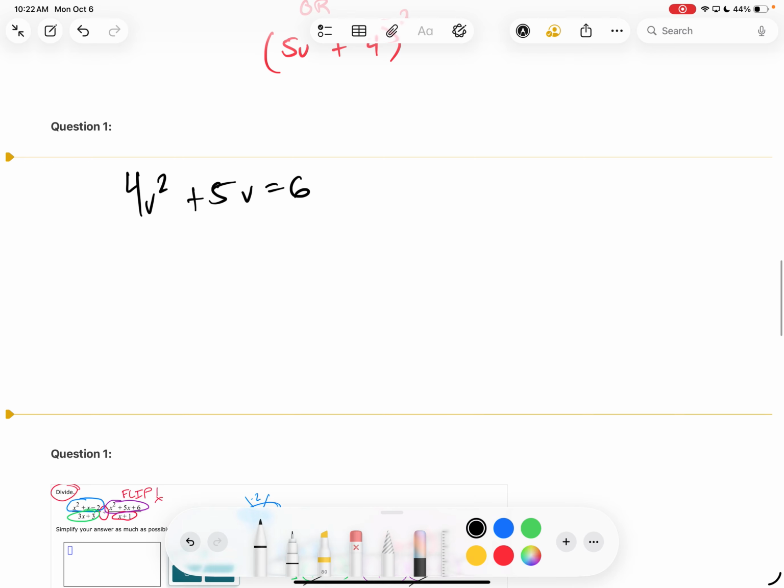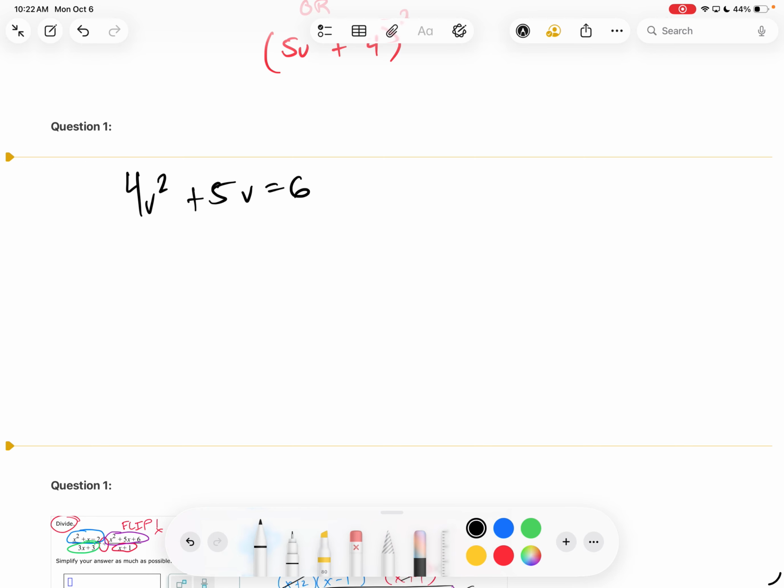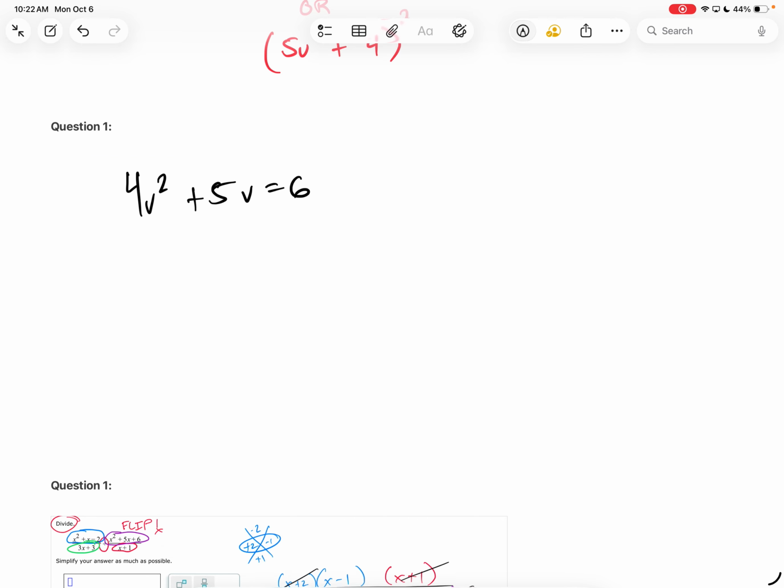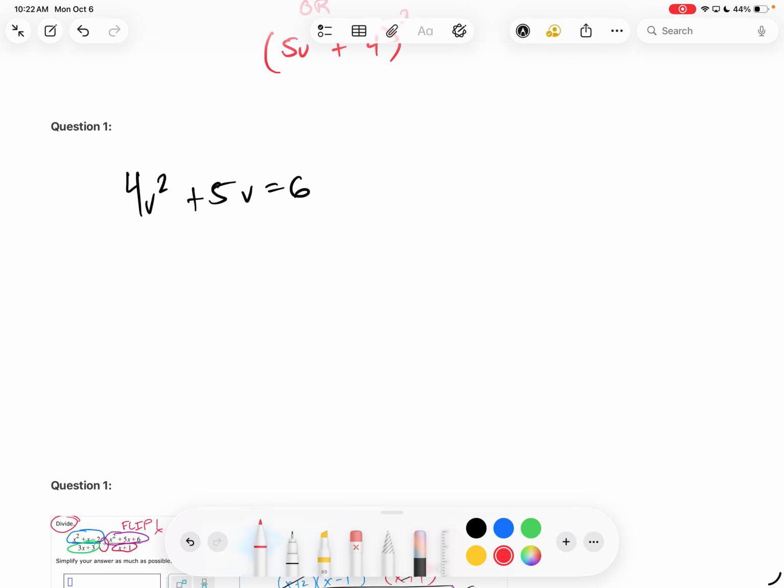Okay, I feel like we got an easy one the first time because it was a square root one again, or perfect squares. So on this one, again, you set it equal to 0, so I'm going to subtract 6 from both sides. So I have 4v squared plus 5v minus 6 equals 0.